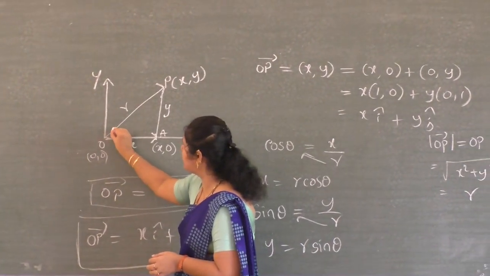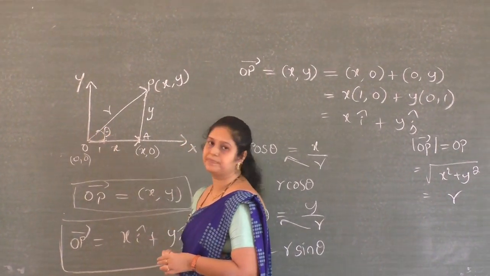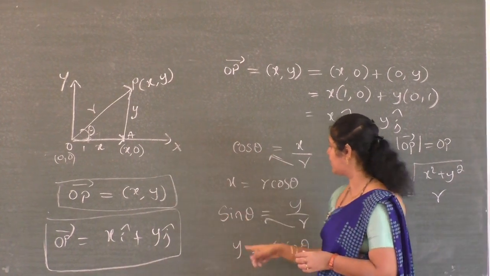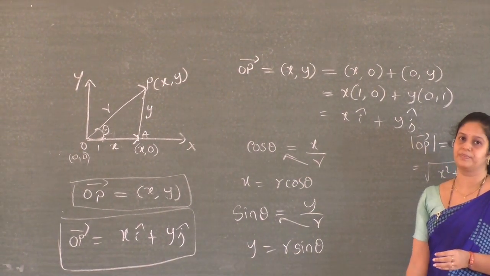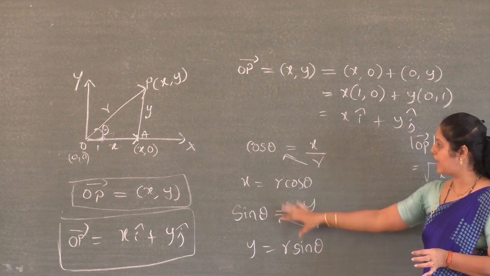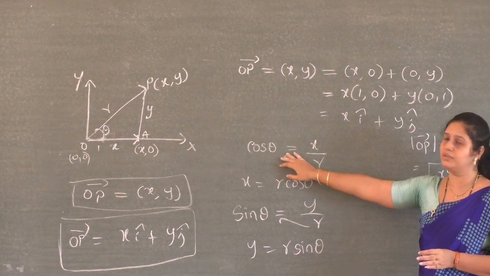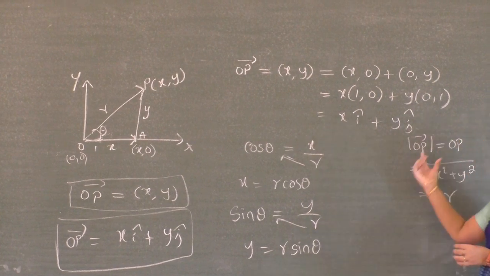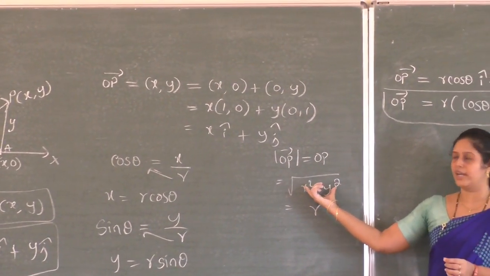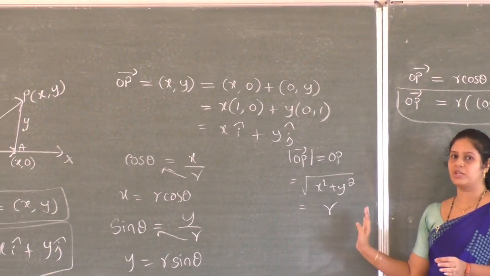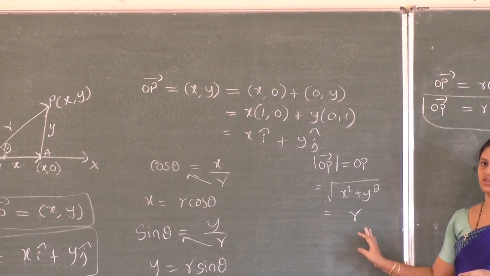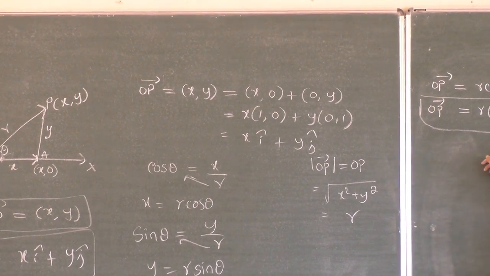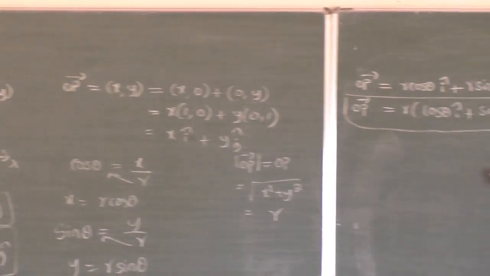For angle theta, we already wrote the formulas cos theta and sin theta. So this is about a two-dimensional vector. In three forms, we can represent that two-dimensional vector.